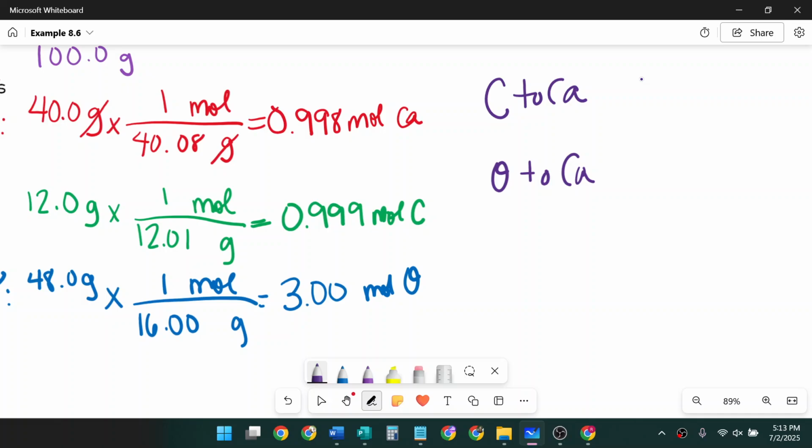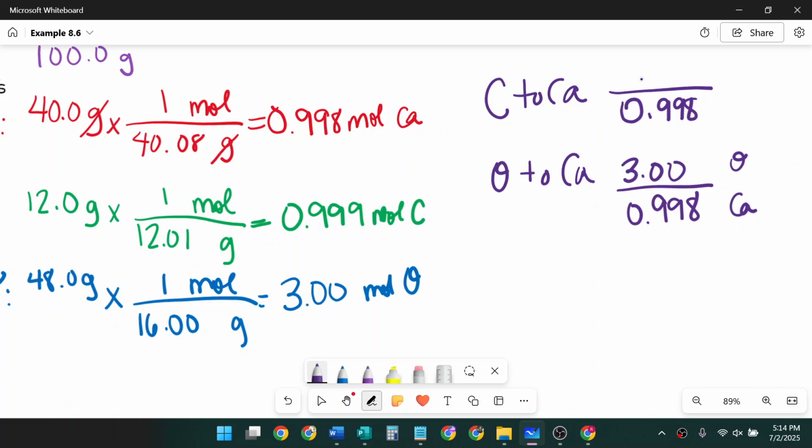We want calcium to be on the bottom because just like with the other problems that we've done in recent examples, when we have the smallest number on the bottom, it makes more sense when we turn it into 1. All right. So I'm just lining up my ducks. I'm putting oxygen on the top and calcium on the bottom. And then over here, I'm putting carbon on the top and calcium on the bottom.